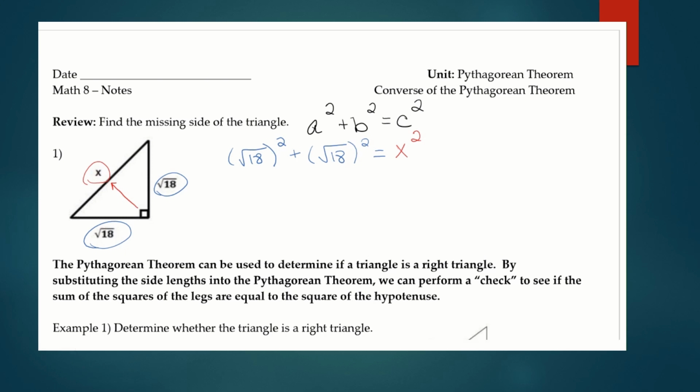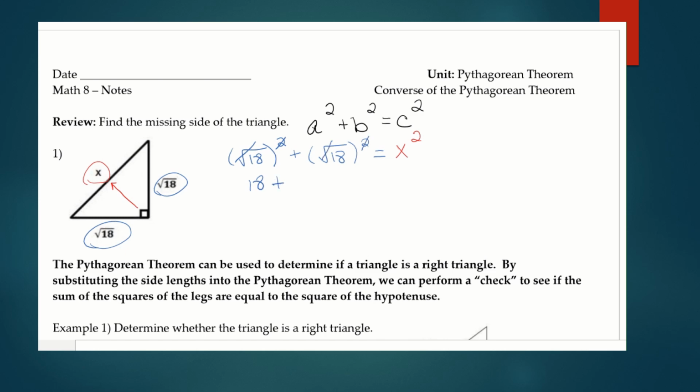All right, so simplifying this left side that's in blue here, I take the square root of 18 squared. Now, the square root and squaring are inverse operations. So in this case, they actually cancel each other out, leaving us with just 18. And the exact same thing is going to happen here.